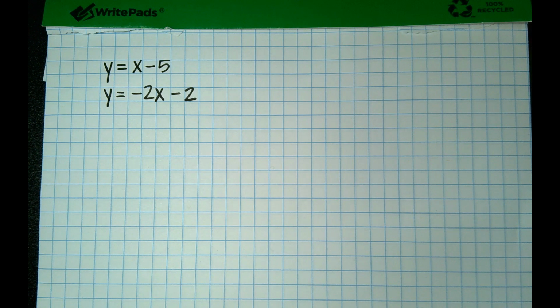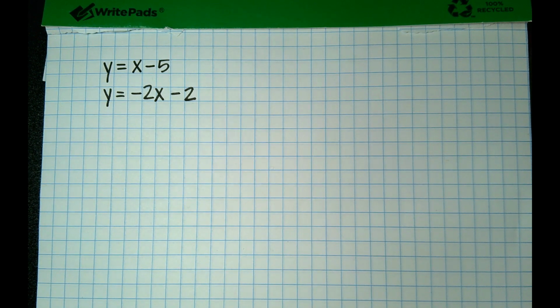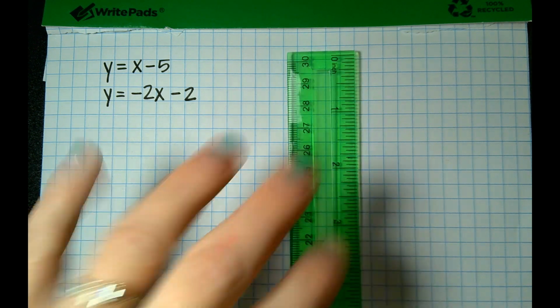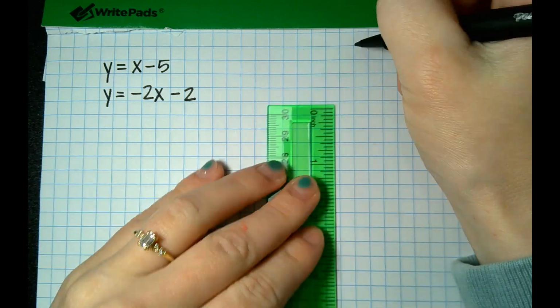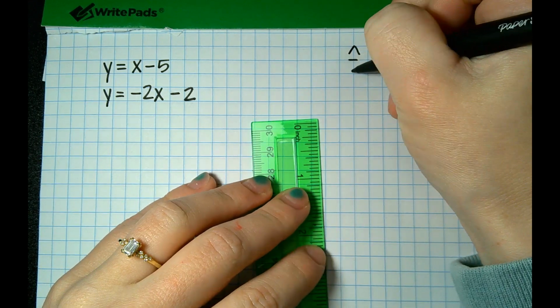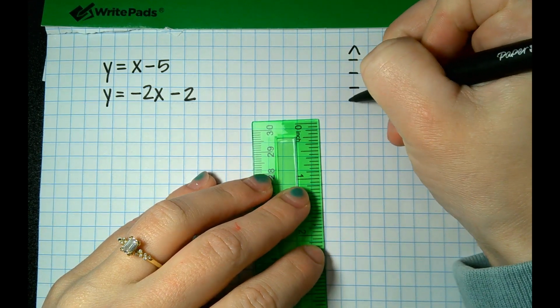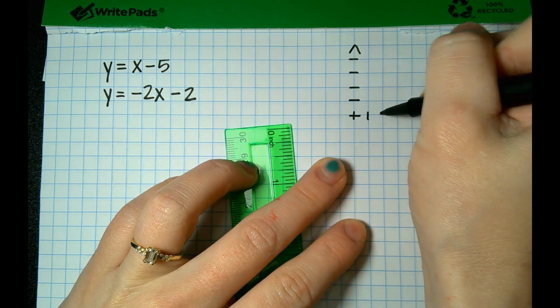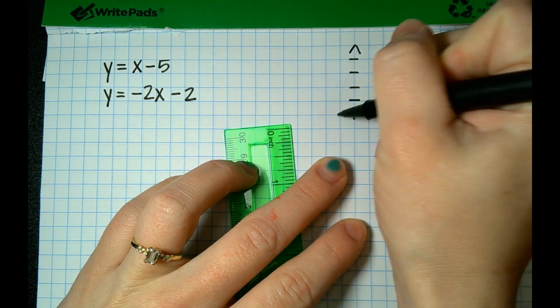So we're going to solve this by graphing. So the first thing I need to do is draw a graph. So I need, let's see, how many points? 1, 2, 3, 4. 1, 2, 3, 4.